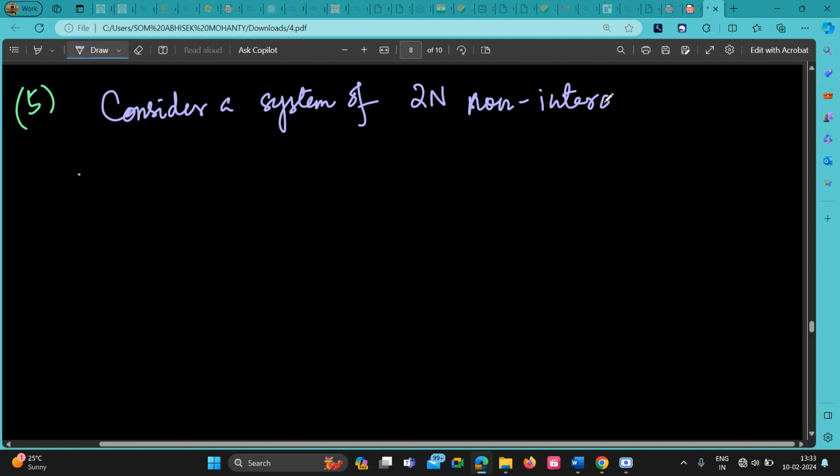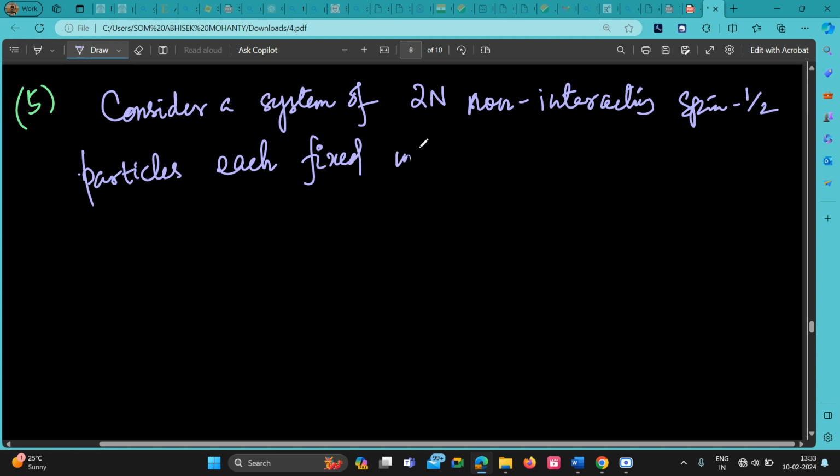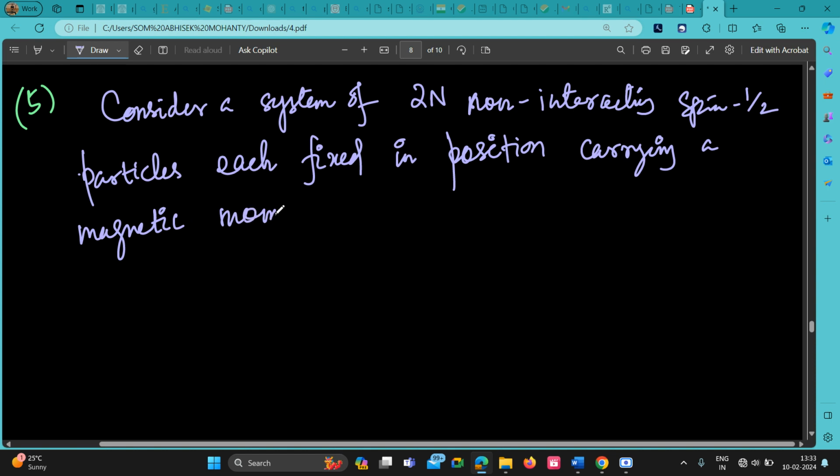Consider a system of 2n non-interacting spin half particles, each fixed in position and carrying a magnetic moment mu.